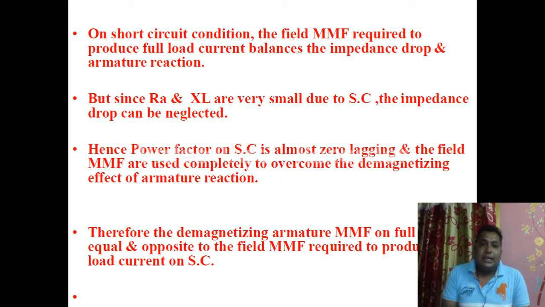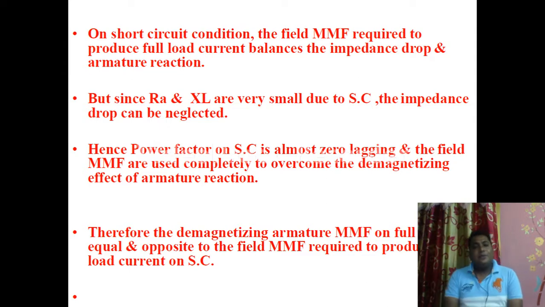But since the armature resistance and the armature reactance are very small, due to short circuit the impedance drop can be neglected. Hence, the power factor on short circuit is almost zero lagging, and the field MMF is used completely to overcome the demagnetizing effect of armature reaction.